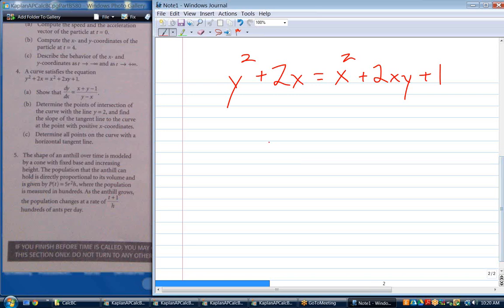If you have an equation where y is some function of x only, then you can explicitly differentiate it. But when you have a function that is a combination of y's and x's that can't really be separated and solved for y, you have to do it implicitly.